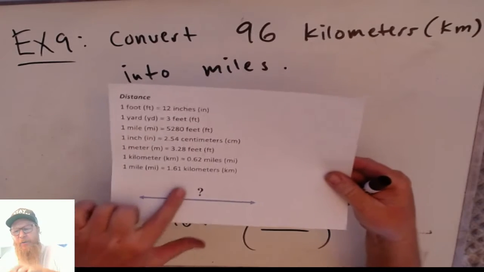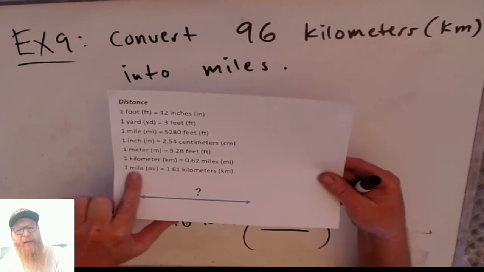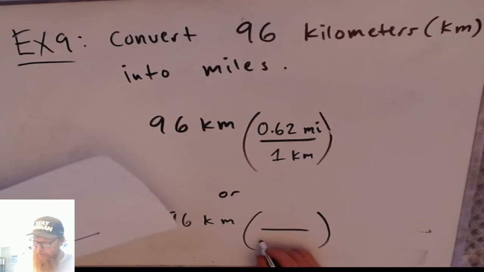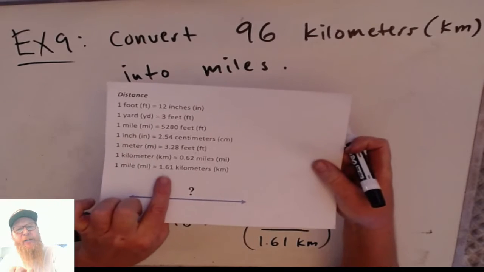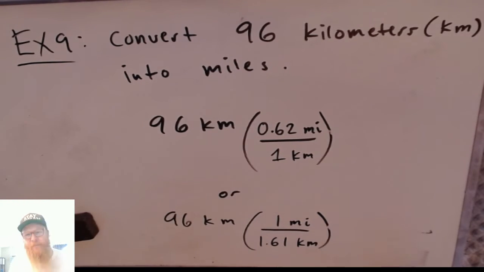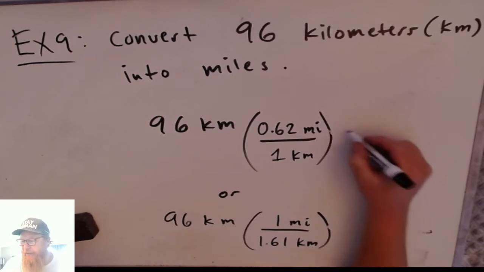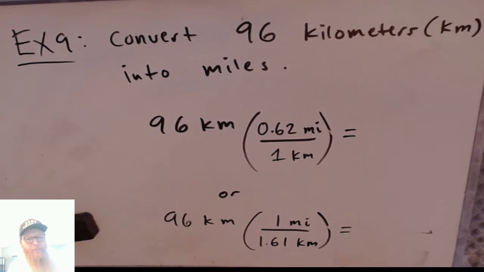You might not want a choice, but with kilometers and miles, this one comes up so frequently that I gave you two choices. Or you can do 1.61 kilometers, that's the last one on the sheet here, is 1 mile. Both of these calculations should give you approximately the same result.